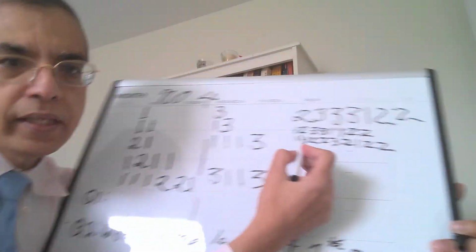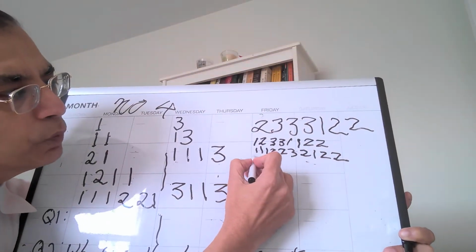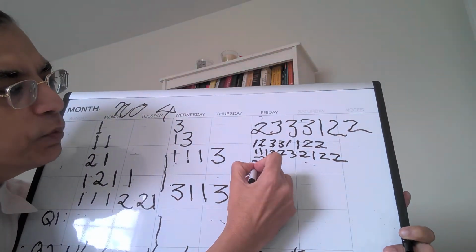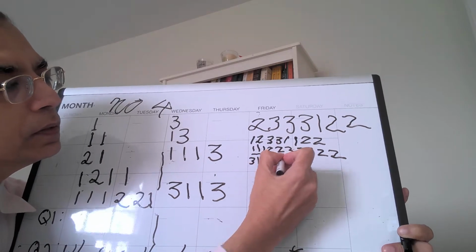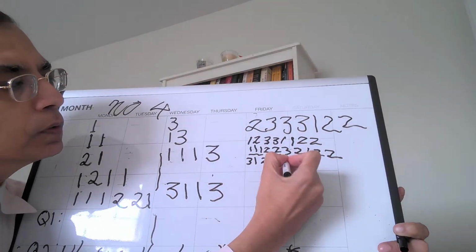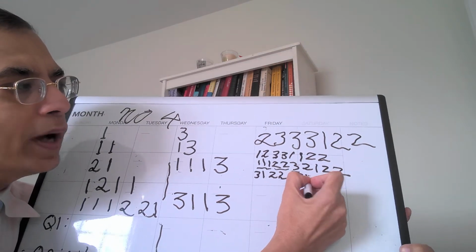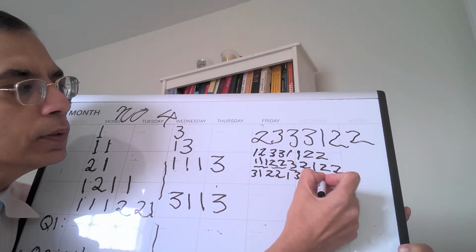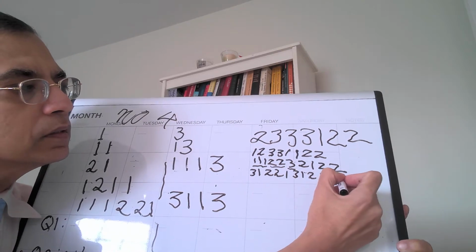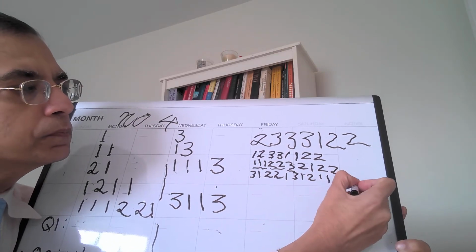Now, here, the next line here would be 3 1s, 2 2s, 1 3, 1 2, 1 1, 2 2.